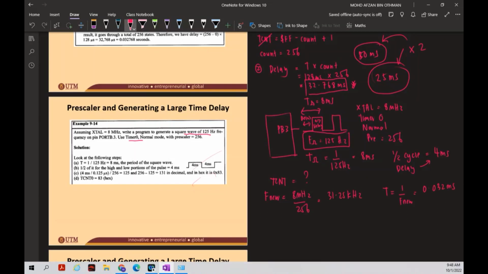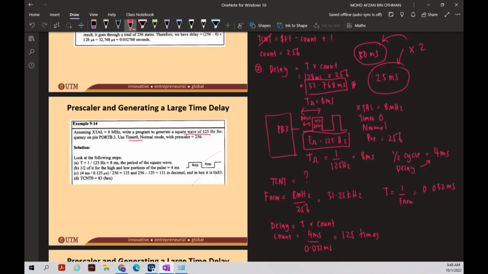Then by using the second formula, delay equals T multiplied by count, we get count equal to delay divided by T. The delay we want to generate is 4 milliseconds, divided by 0.032 milliseconds, and you will get 125 times.